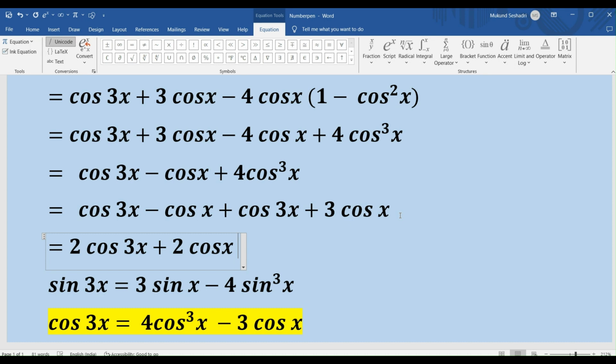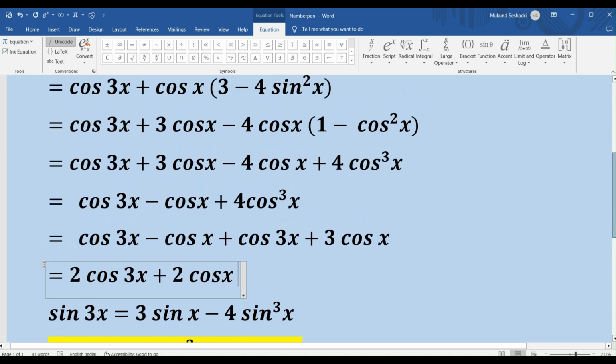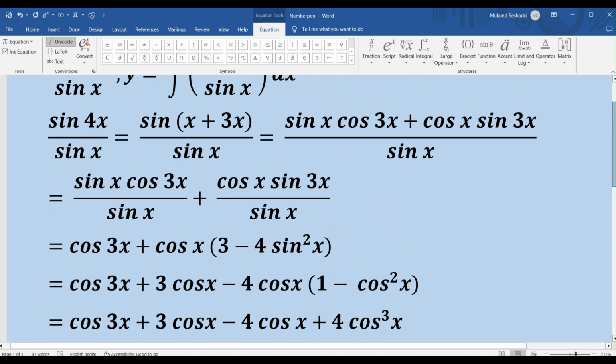There are multiple ways of doing it. This is just one of the methods, right? And I have done this using the trigonometric identities that I'm familiar with. You might be familiar with multiple other identities. For example, you could more quickly arrive at this using the sum product formula, right? So I have 2 times cos 3x plus 2 cos x, right? So that's the expression that I have for the given function.